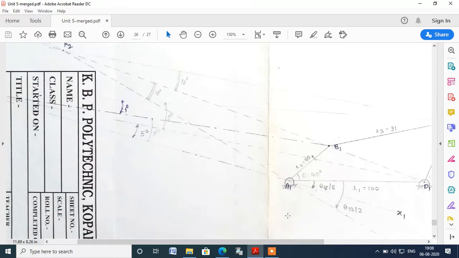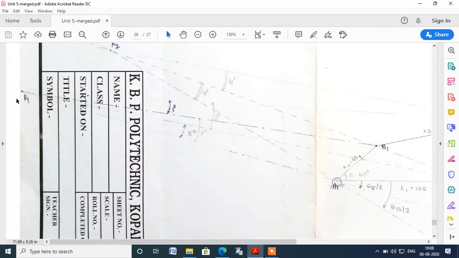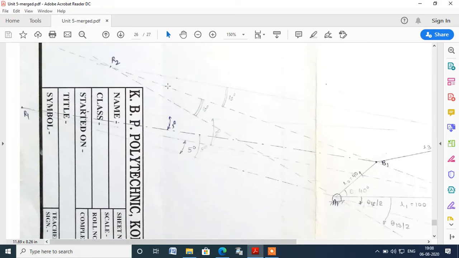Now join r1 b1 and r2 b1. After joining r1 b1 and r2 b1, first we will consider r1 b1.